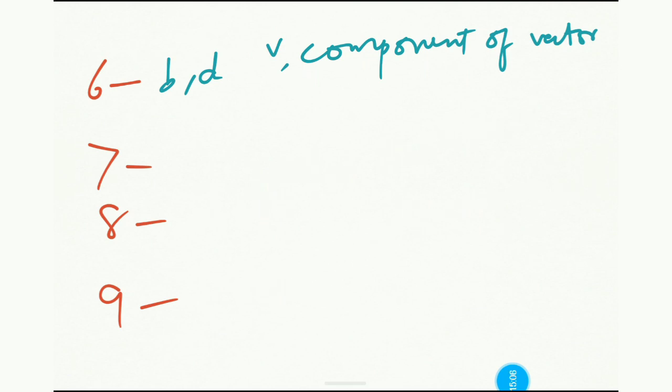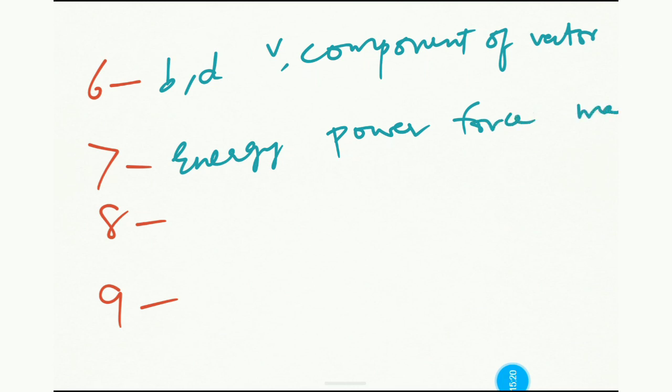Okay. Now, seventh question we shall see. Among the following, a vector physical quantity. First, the quantities I will write here: energy, power, force, mass. See, energy is force dot displacement, that is a dot product.